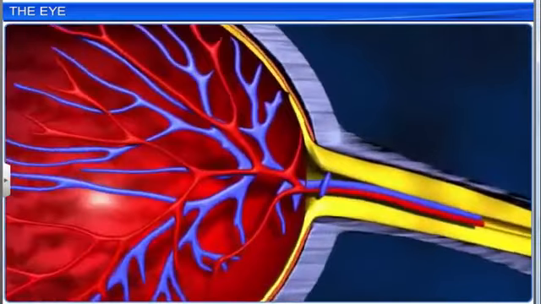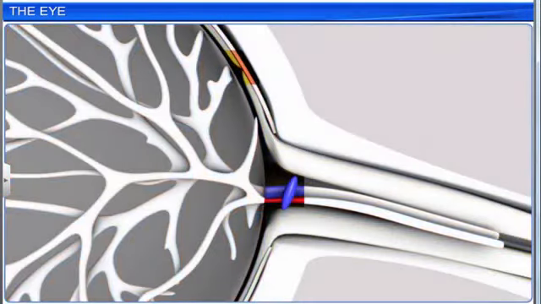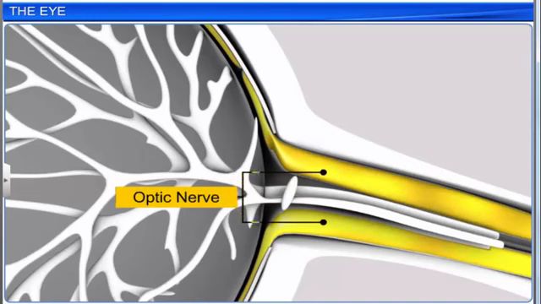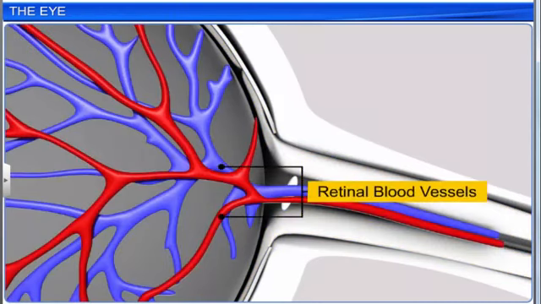The optical part of the retina contains two spots, known as the blind spot and the fovea. The blind spot is the region on the posterior pole of the eye, where the optic nerve leaves the eye and retinal blood vessel enters the organ.